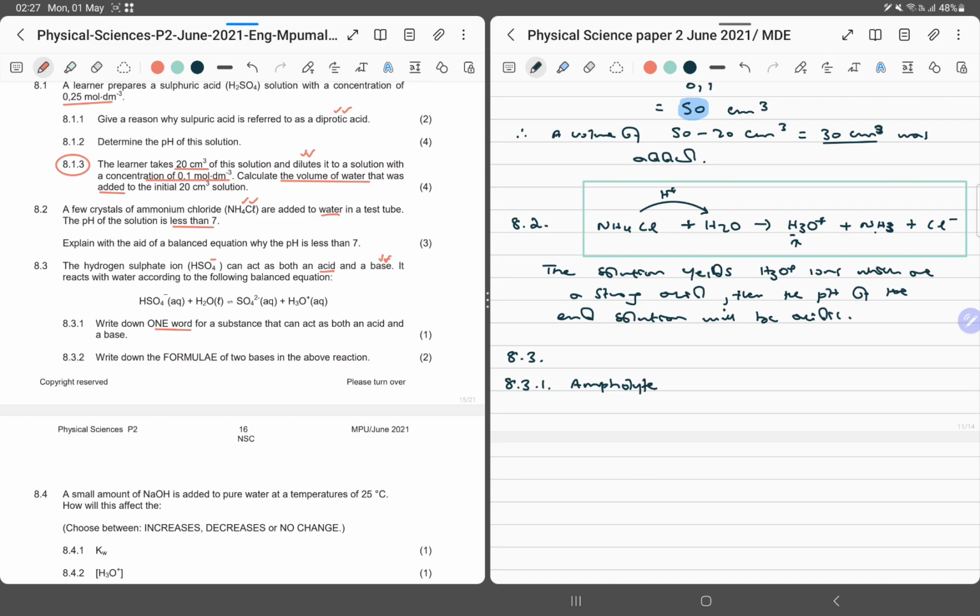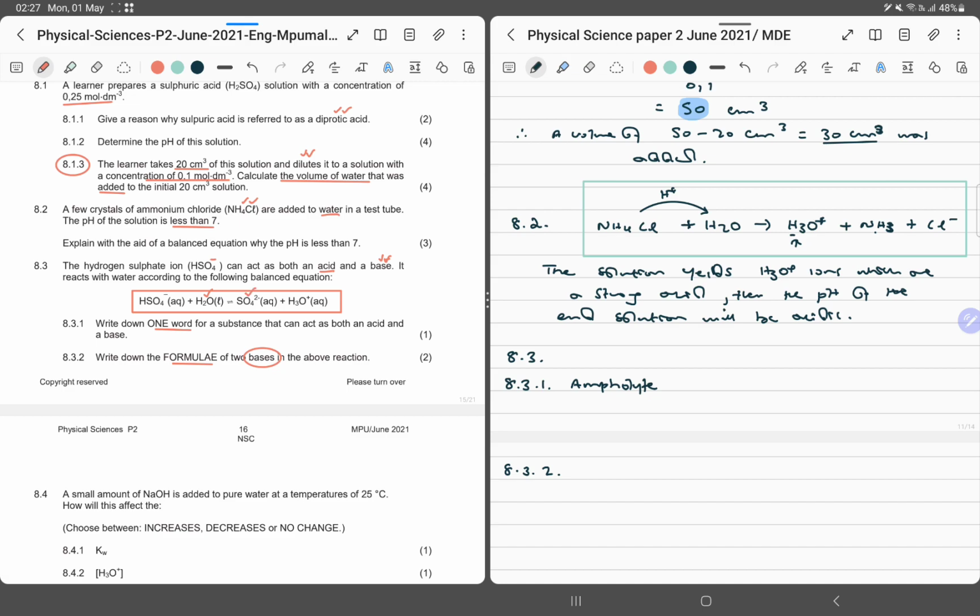8.3.2 says, write down the formulae of two bases in the above reaction. We can already tell that in this reaction right here, this is a base because it accepts a hydrogen from that hydrogen sulfate.